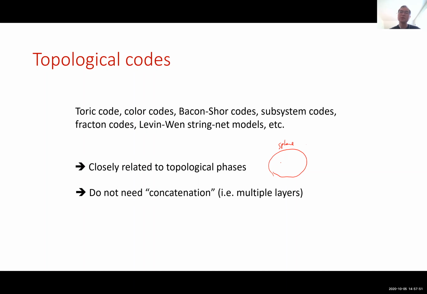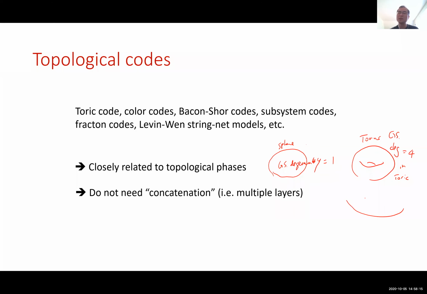the ground state degeneracy is 1, and if you're on a torus, the ground state degeneracy can be, for example, 4 in the toric code. We're going to see that.